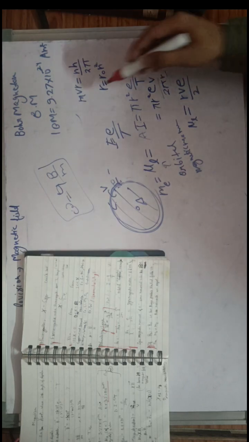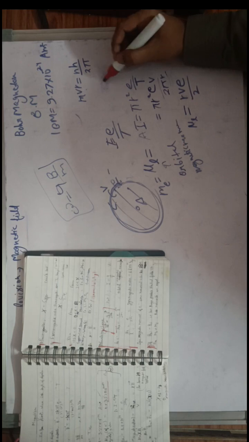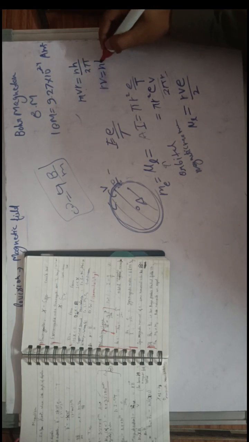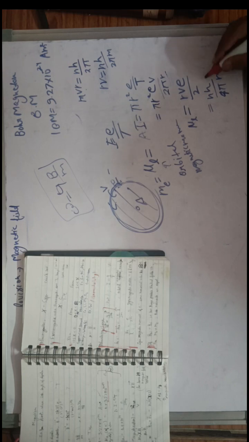The value of rv can be found from this equation: rv is equal to nh upon 2 pi m. So substituting the value, we get nh upon 2 times 2, which is 4 pi m, times e.